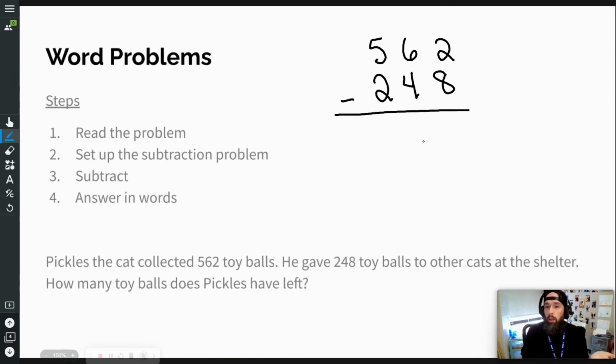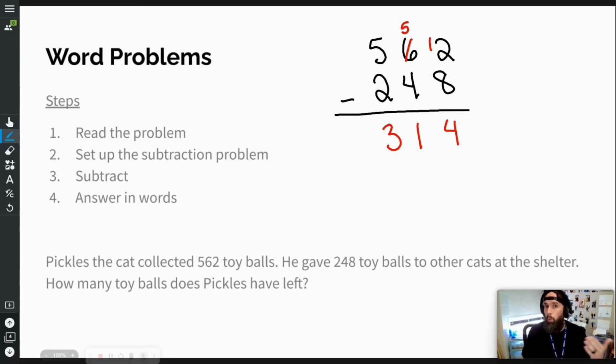Now we subtract like we normally would. So let's start all the way to the right. 2 minus 8, I can't do it. So let's borrow 1 from 6 and make you a 5. 12 minus 8 is 4. 5 minus 4 is 1. And 5 minus 2 is 3. Now, this is a word problem.